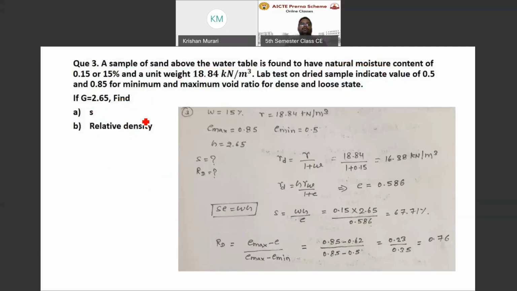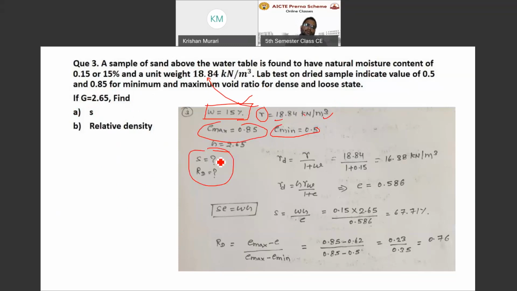So here is the solution of that question. What is W? W is water content, that is given to you, 15%. What is gamma? Gamma is the unit weight, that is also given to you in the question, 18.84 kilonewton per meter cube. And what else is given? e max is also given, 0.85. e minimum is also given in the densest state, 0.5, and G is also given, the specific gravity of the solid.